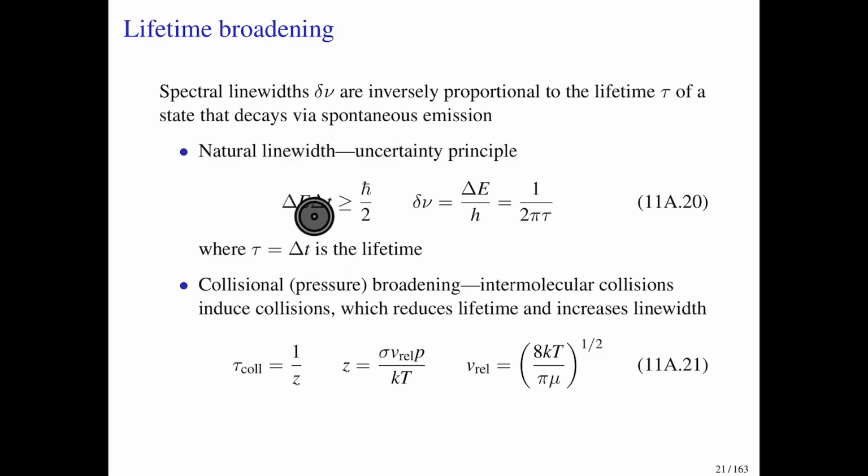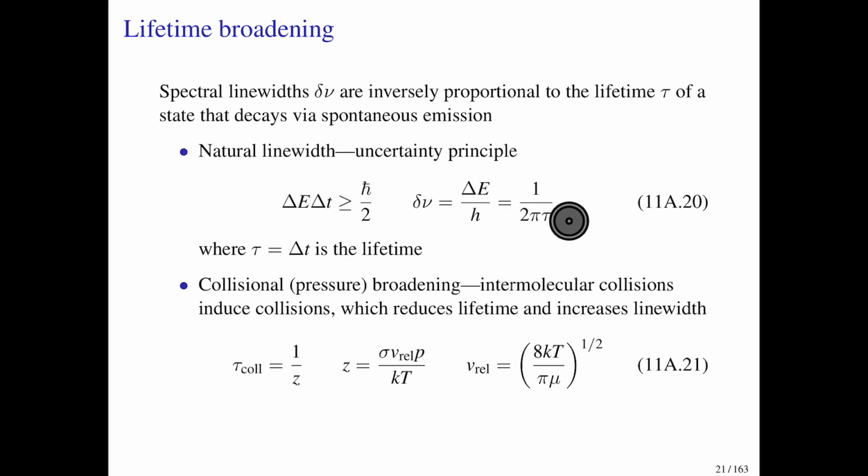And then we're going to convert the delta E to a frequency. So the width in frequency is the width in energy divided by Planck's constant. And then using this relationship, the minimum uncertainty in the frequency is going to be 1 over 2 pi times the lifetime.